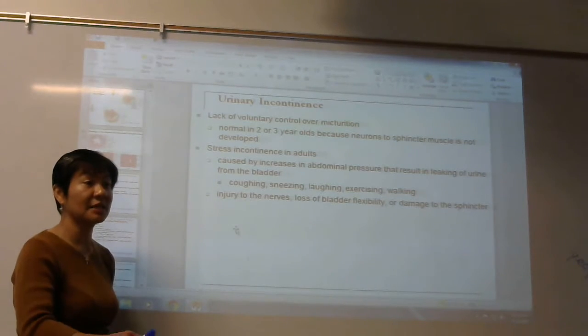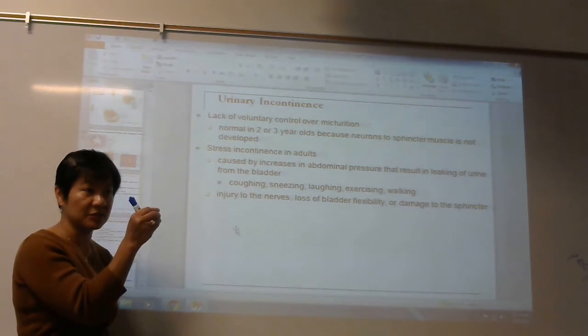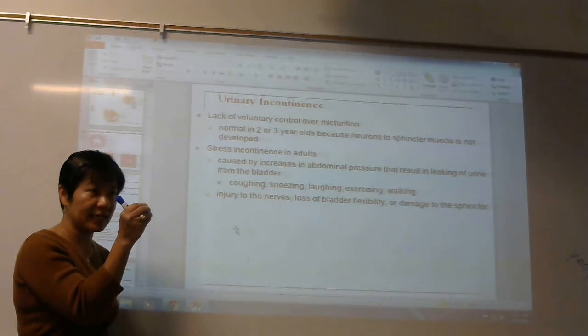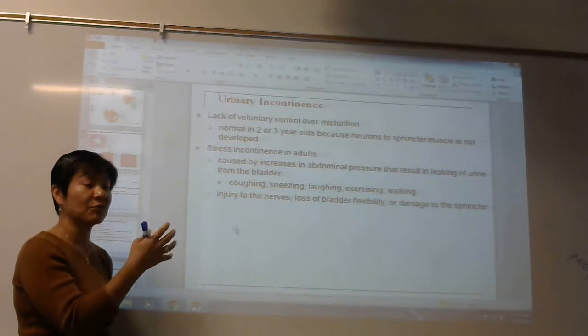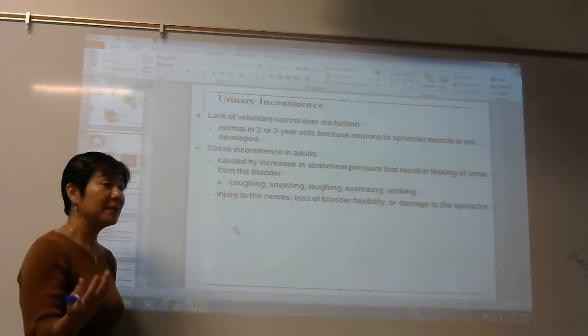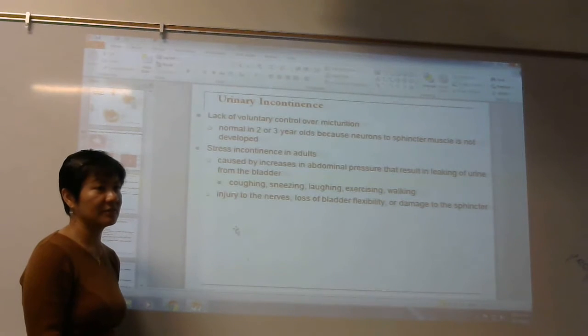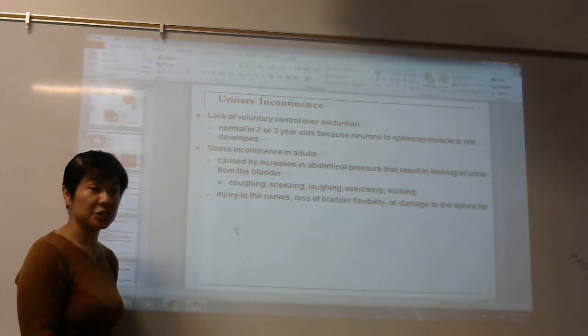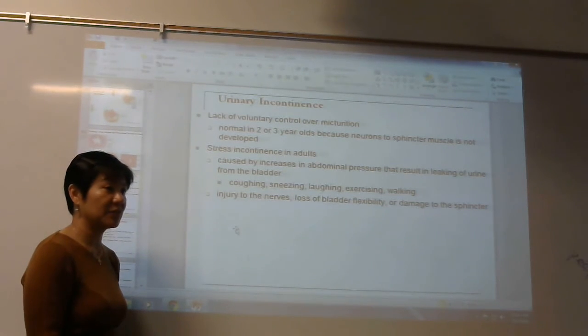So there are exercises to strengthen that sphincter, and when you strengthen it, hopefully it will help you control your pee. But it's a natural consequence, especially among females with multiple childbirths, because it just stretches that sphincter.